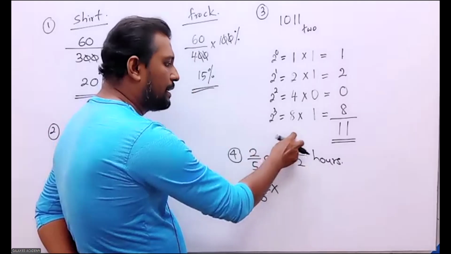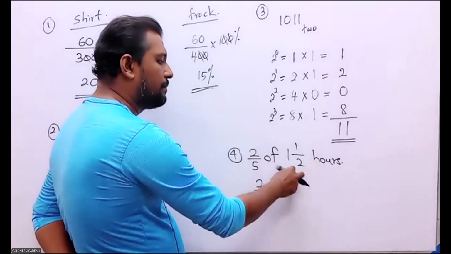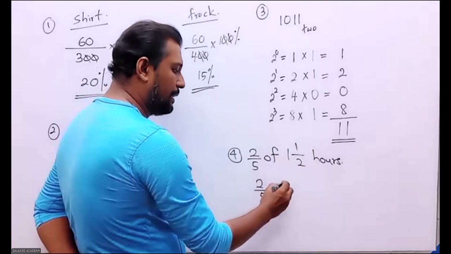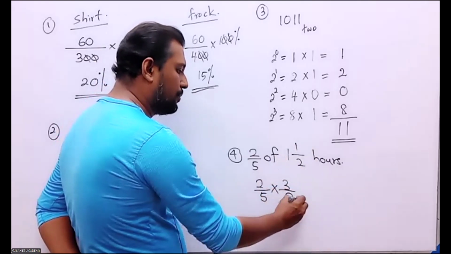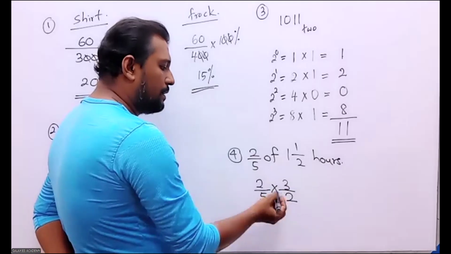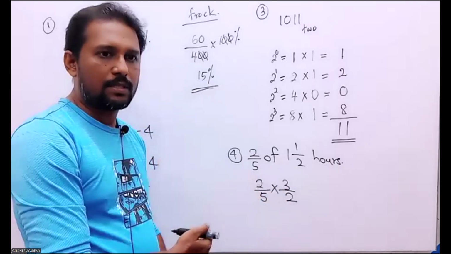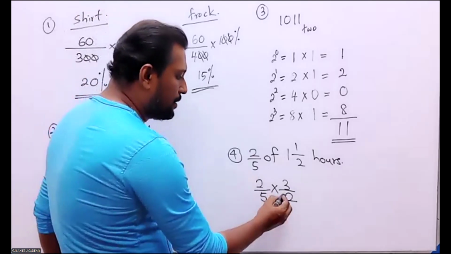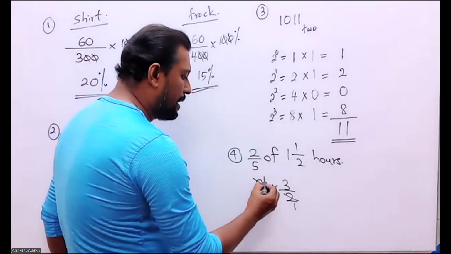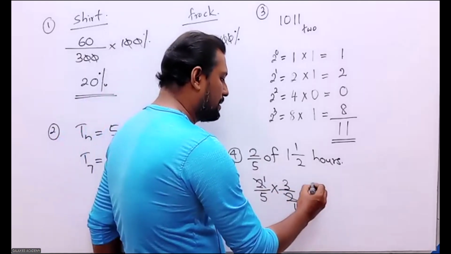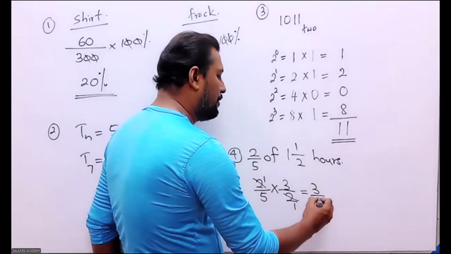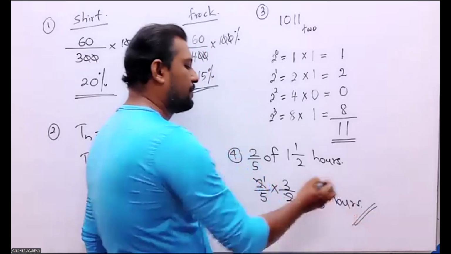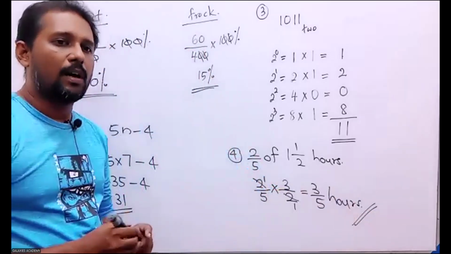Then we can convert this mixed number into an improper fraction. 2 times 1, 2. 2 plus 1, 3. 3 over 2. Then when you multiply the fractions, you can simplify the numerator and denominator values. 2 and 2 you can divide by 2. So what is the answer? 3 over 5 hours.